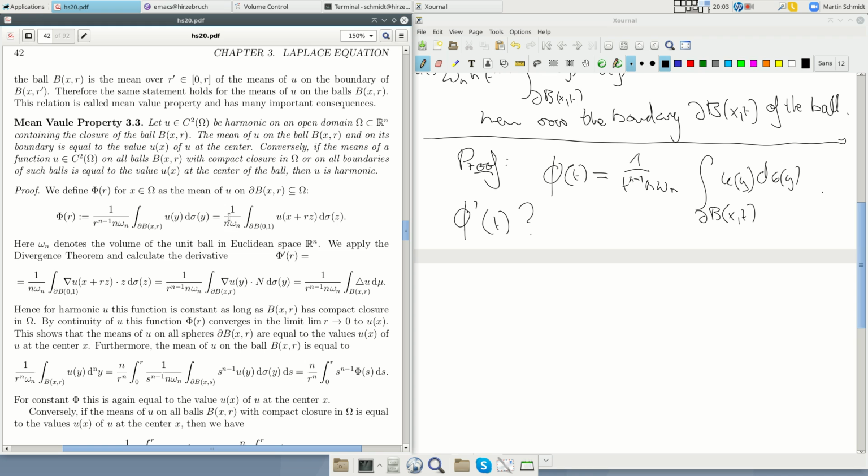This has volume n times omega n, so the mean over the unit ball. And if z runs over the unit ball, then x plus r z runs over the ball of radius r around x, and the same for the boundaries.